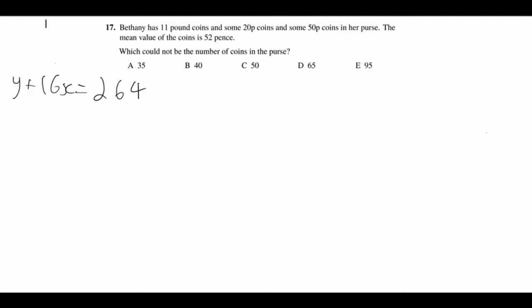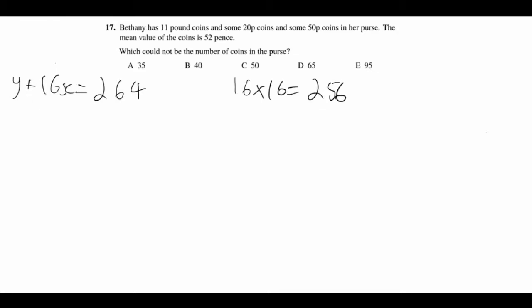We know that 16 times 16 is equal to 256. And so 16 times 17 is 272, which is greater than 264.